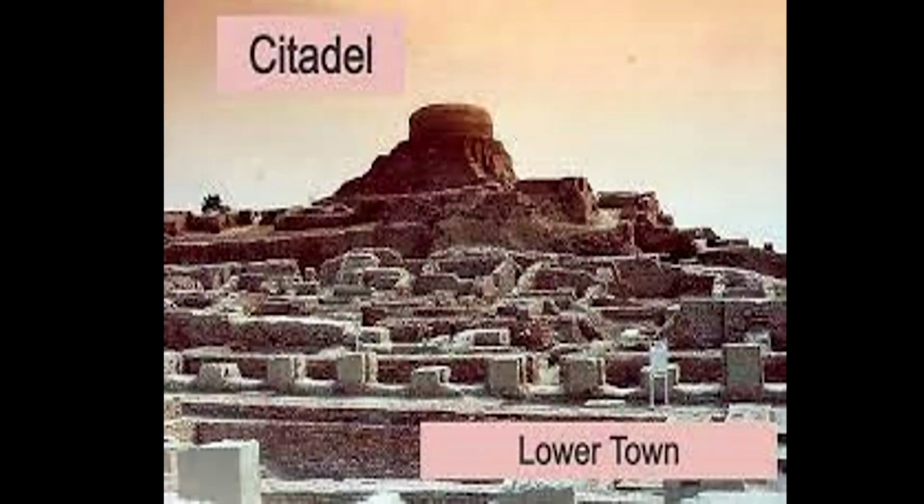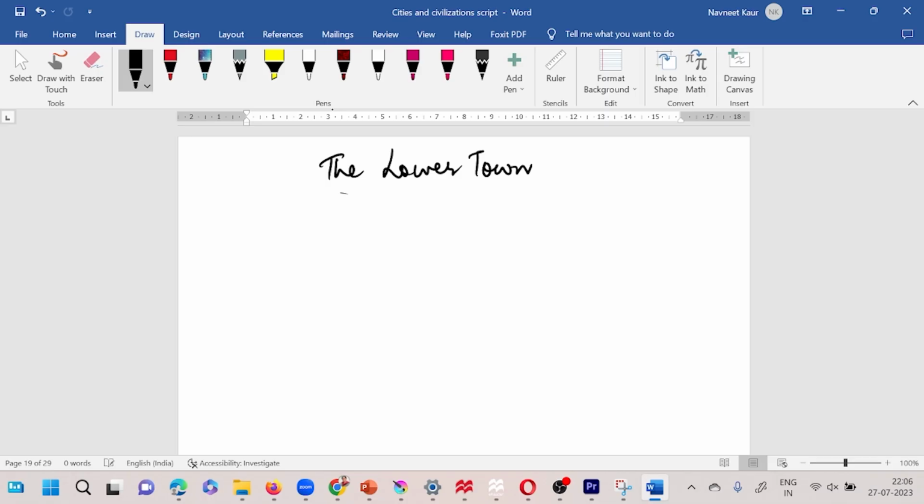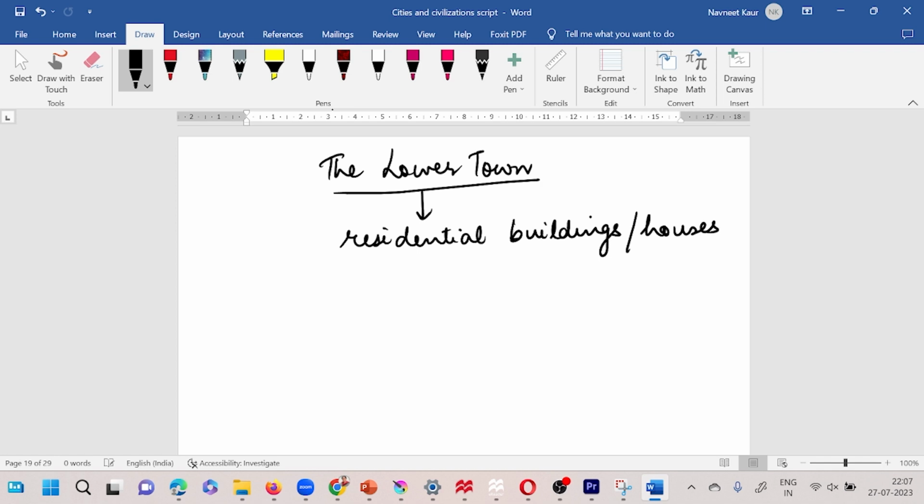So we talked about the Citadel and its important buildings. Now let's talk about the lower town. So this is the Citadel, this is the Lower Town, which is having the residential area. In the Lower Town, mainly the residential buildings or houses were found.